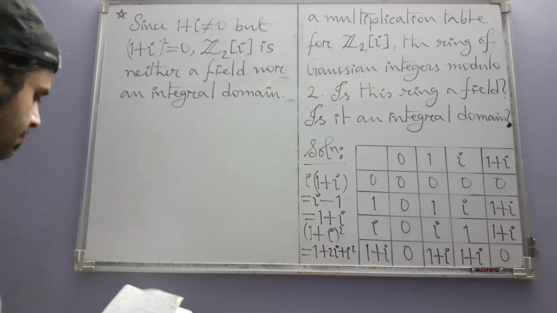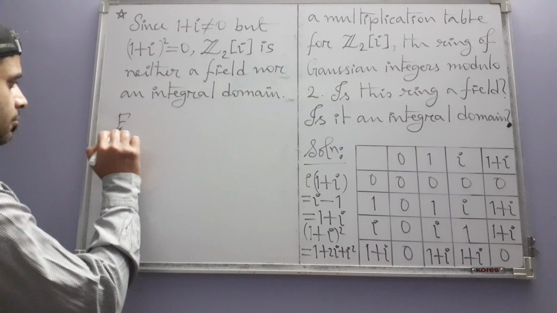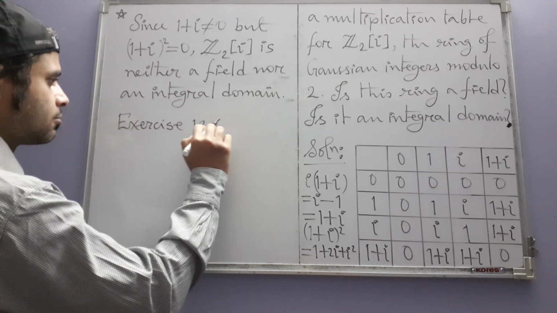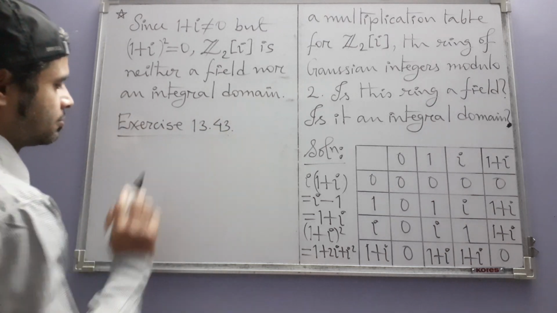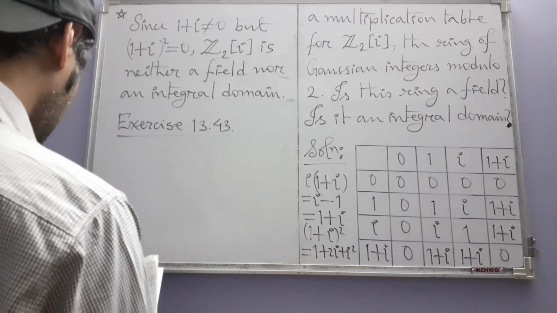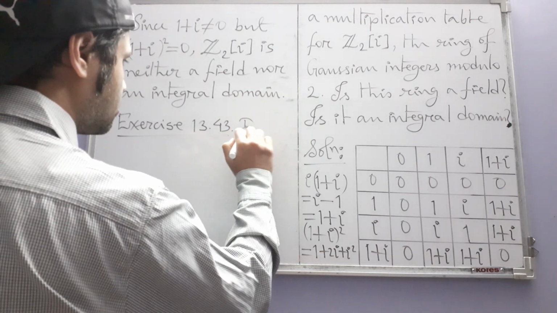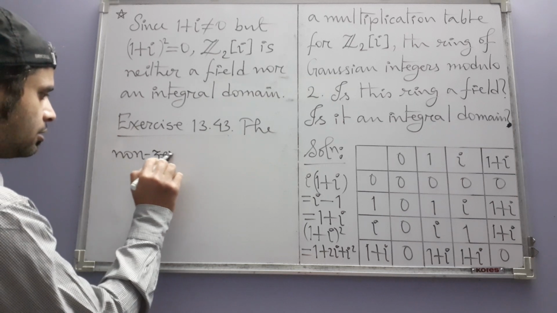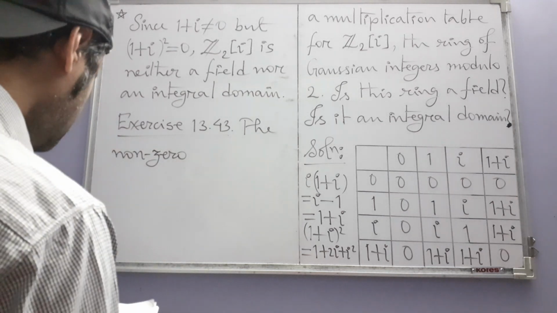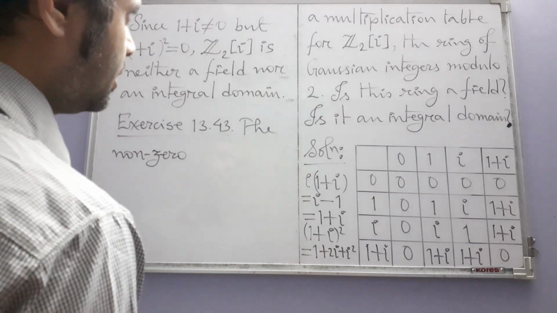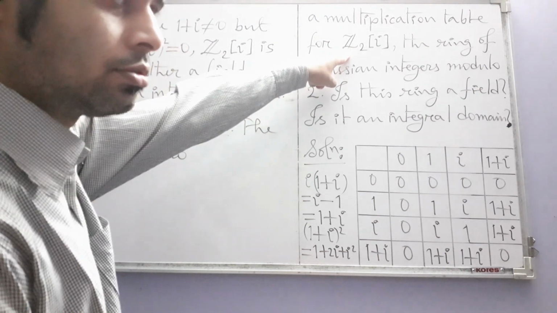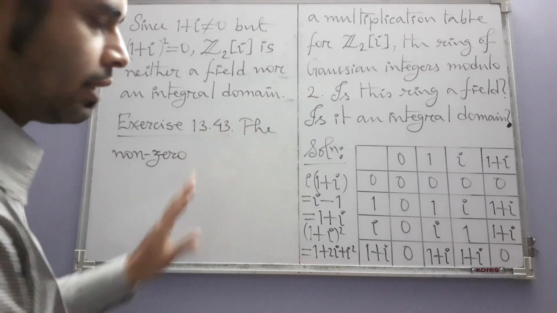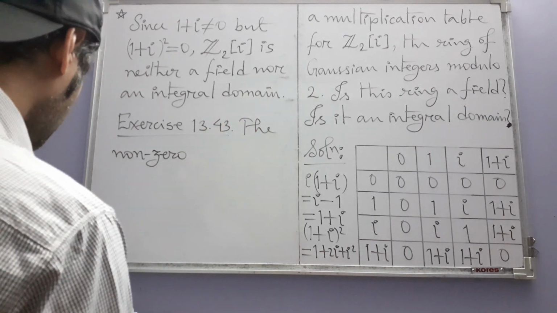Next, the non-zero elements. Here in this next one we are going to consider a similar ring, but this time in place of the field Z2 we are going to have Z3, again with Gaussian integers after all.